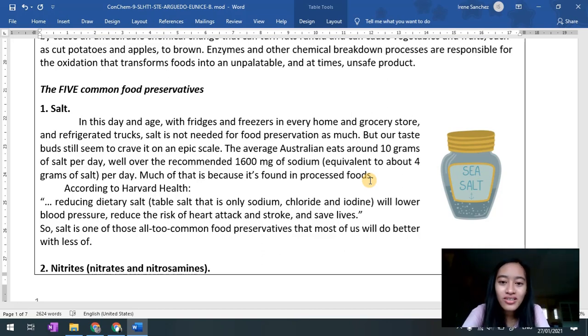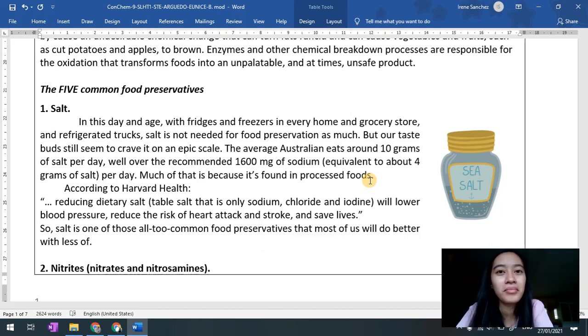The average Australian, this is the data that is provided here, I'm just going to read it. The average Australian eats around 10 grams of salt per day, while the recommended is 1600 milligrams of sodium, equivalent to about 4 grams of salt per day. 4 grams of salt.